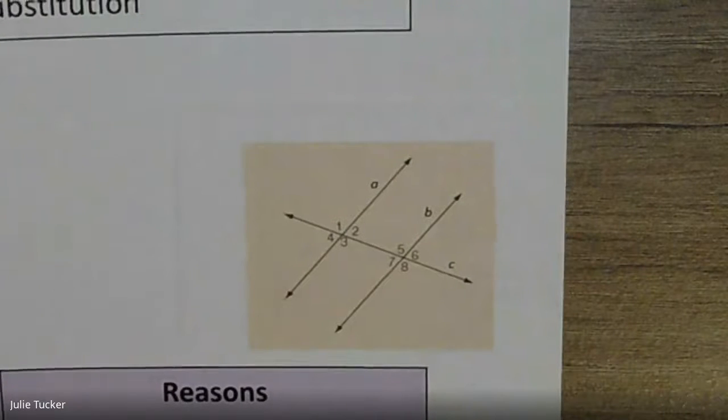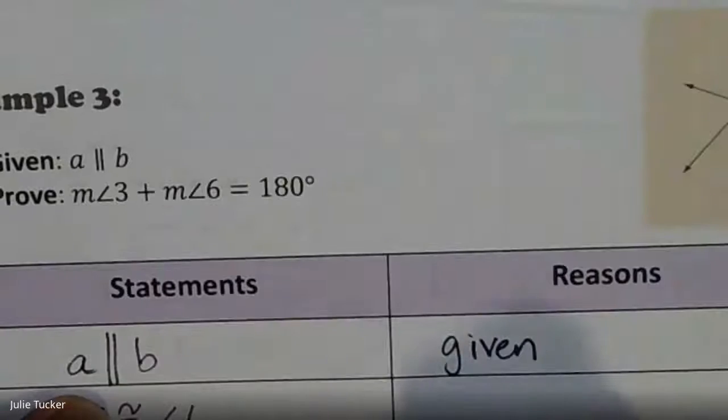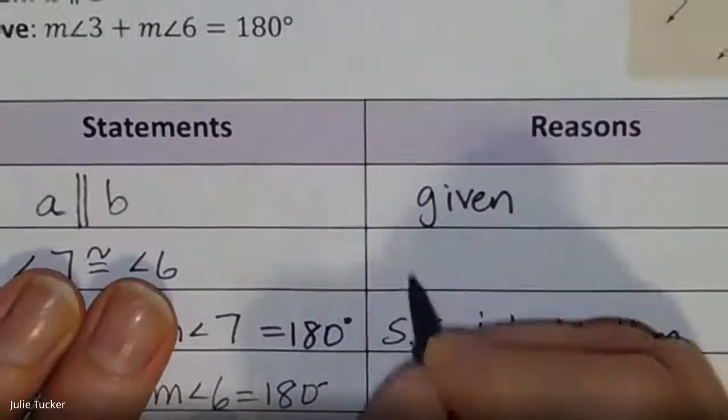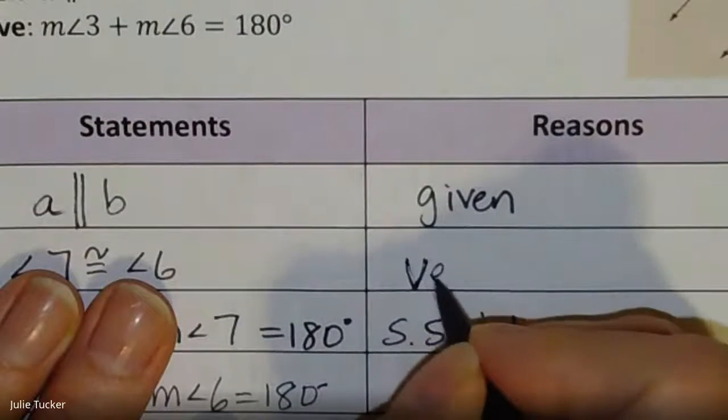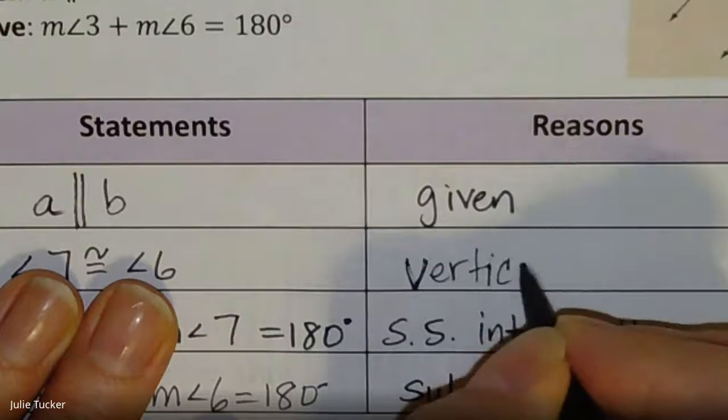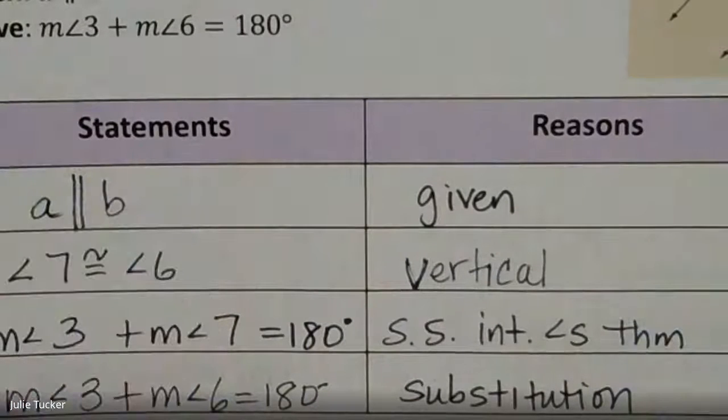They're called vertical angles. Vertical. That's an older thing that we learned a while ago.